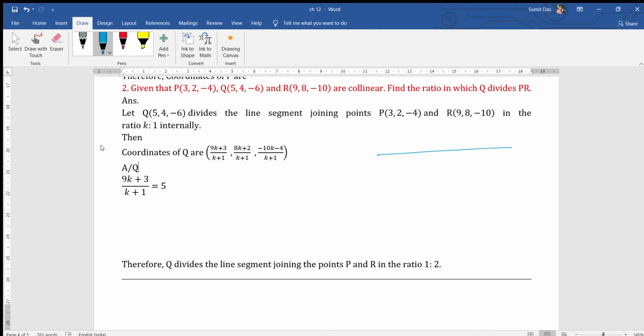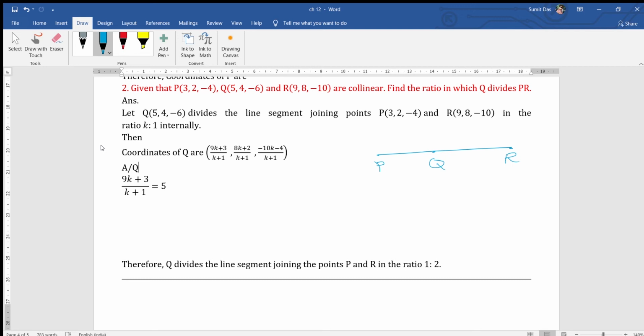P is the point here, Q is the point here, and R is the point here. Their coordinates are given. We have to find in what ratio Q divides PR.